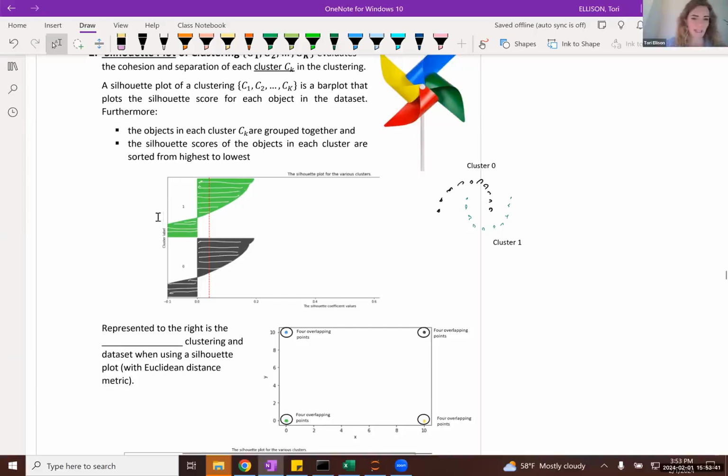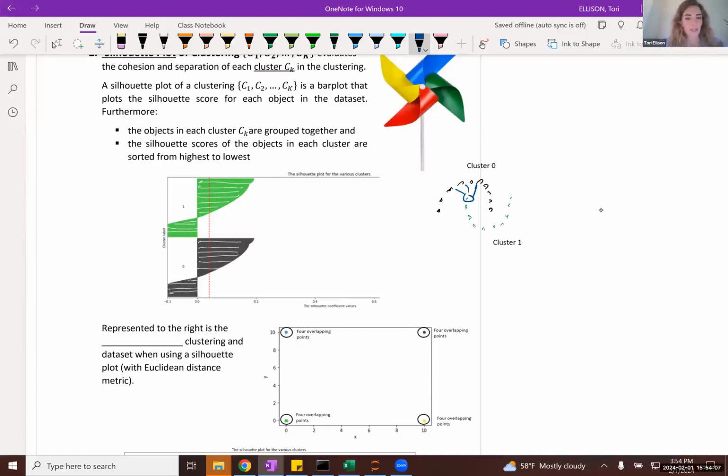Because both of these clusters, cluster 0 and cluster 1, have a lot of negative silhouette scores. What that implies, and we can see that here, is that there are some observations like this point here, which are in fact a lot closer to observations in a cluster that it was not assigned to, thereby at face value suggesting that this is not a good clustering.